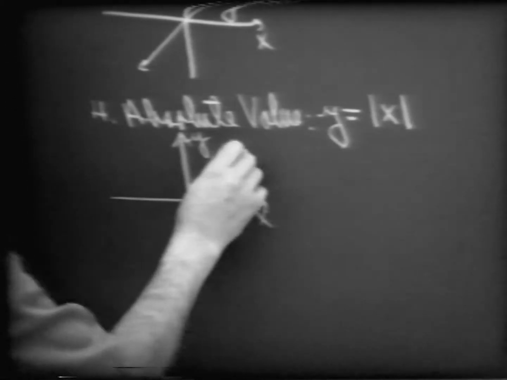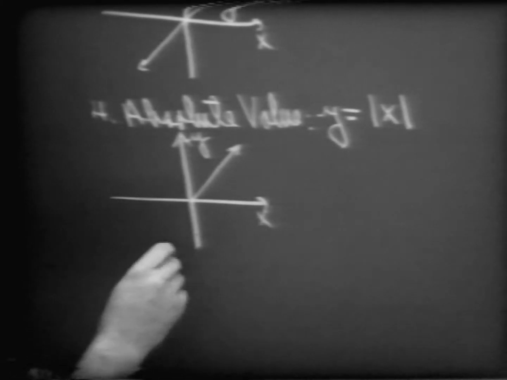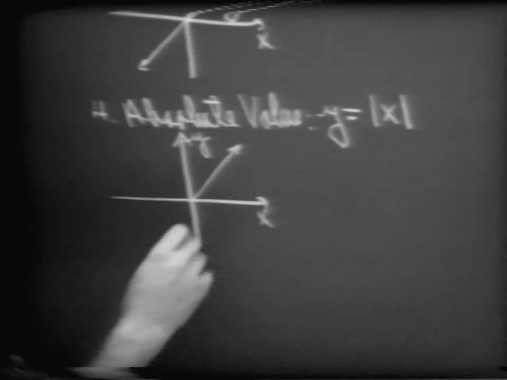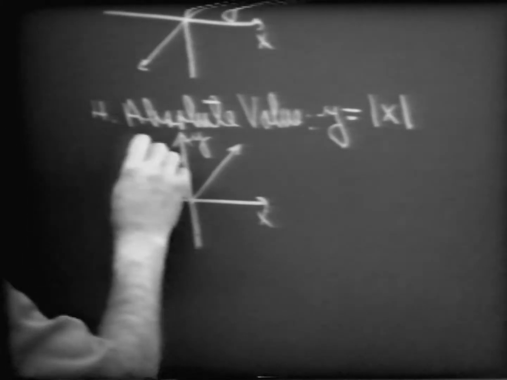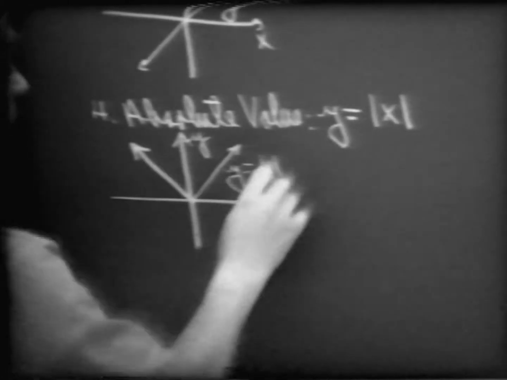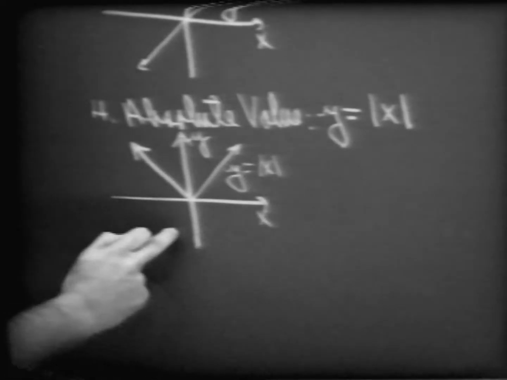It's a line that goes through the origin with a slope of 1. Through the origin with a slope of 1, all right? We may think of that as a half line, so to speak, with a slope of 1 on this side, and a slope of negative 1 in this direction, is that right? In which we have y is equal to the absolute value of x, this is the graph of that function. Is that right?